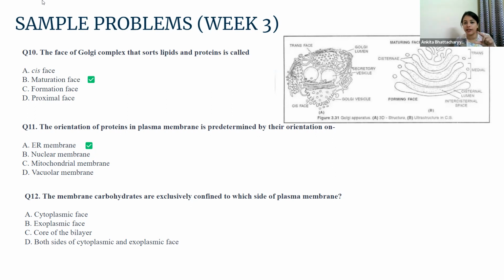The phospholipid bilayer has the proteins, and it has the fatty acid chains towards the core, forming the hydrophobic core. So that will not consist of carbohydrates, and obviously both sides is also not a feasible option. So the exoplasmic phase is the answer to this question as well.